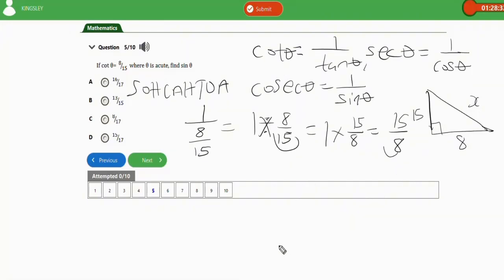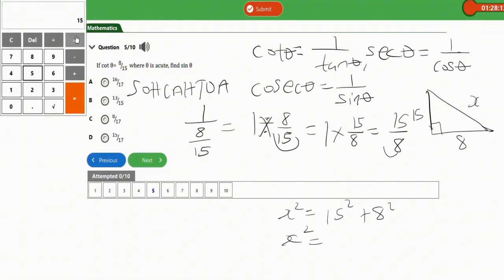When you apply Pythagoras theorem, x square will be 15 square plus 8 square. 15 square, 15 times 15, gives us 225. Then 225 plus 8 square, which is 64, will give us 289.